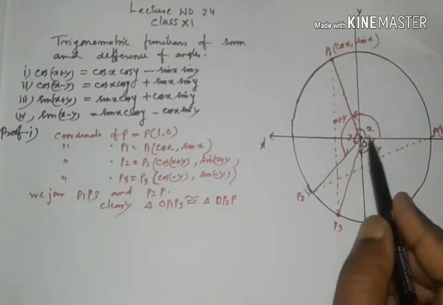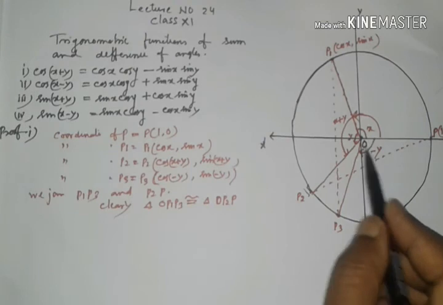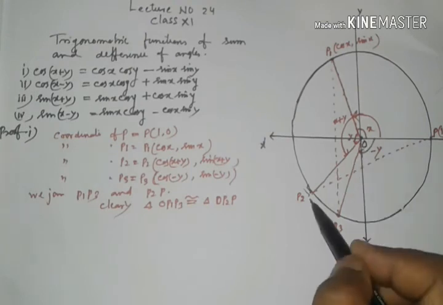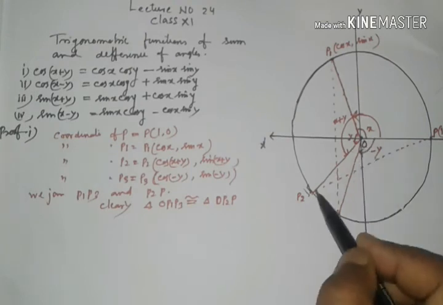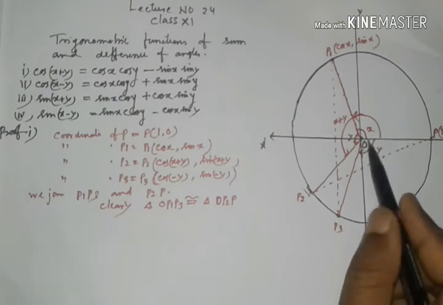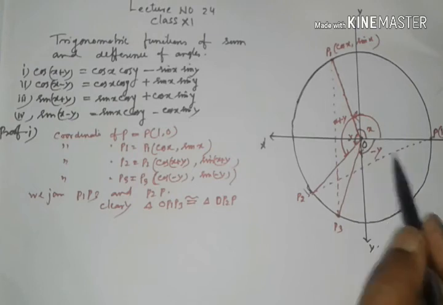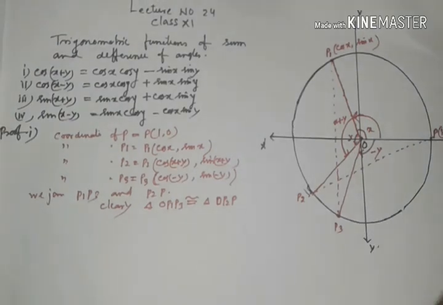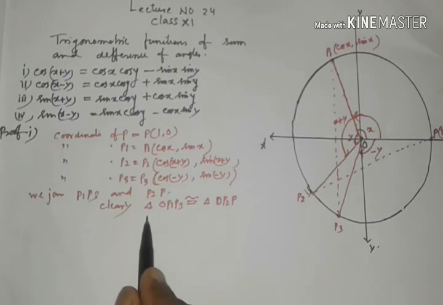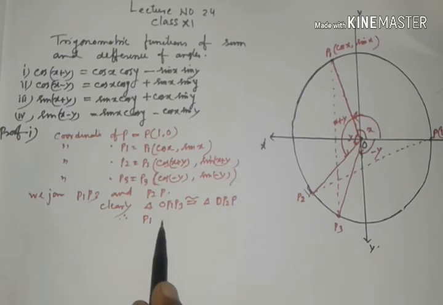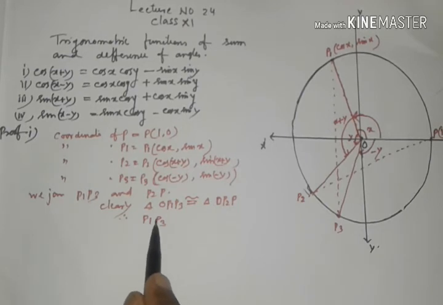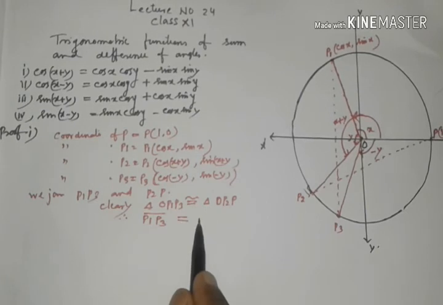The radius is the same, so OP1 is equal to OP2, OP3 is equal to OP, and the angle is the same in magnitude, y. Therefore, the two triangles are congruent. So, by CPCT, we can write that the distance P1P3 equals P2P.